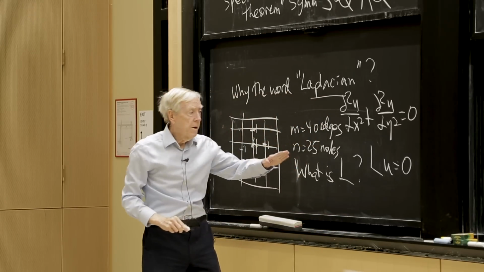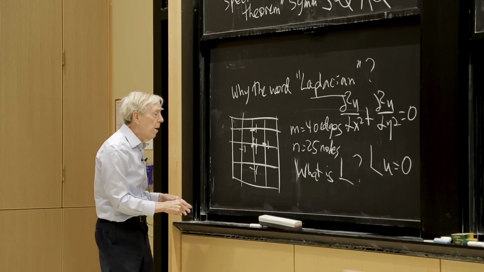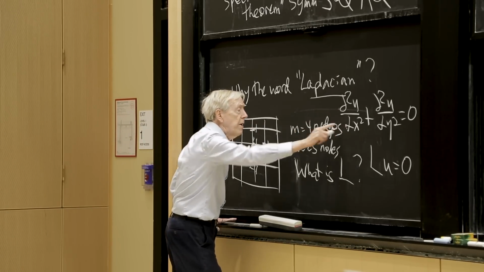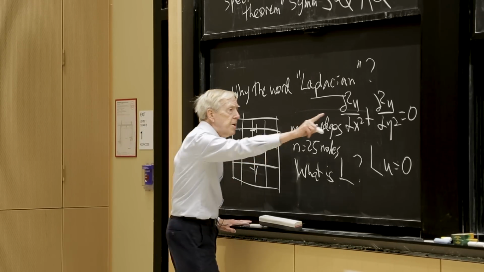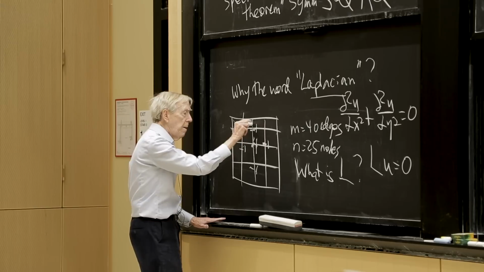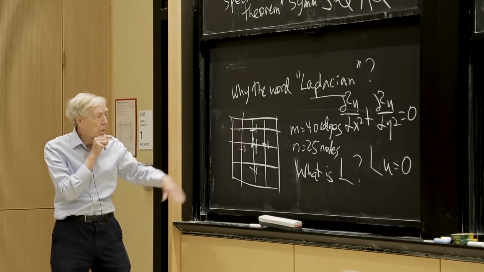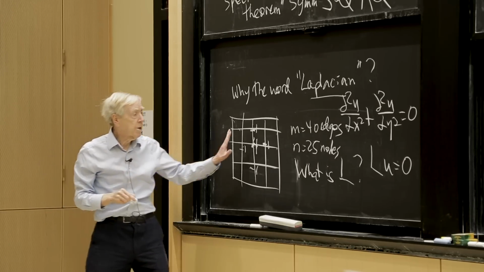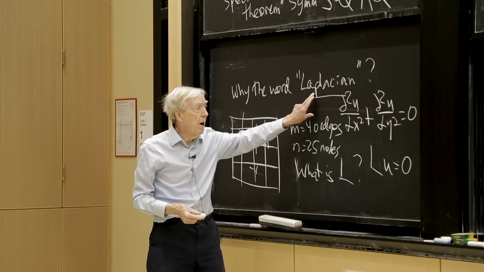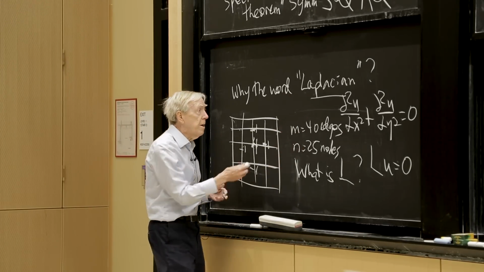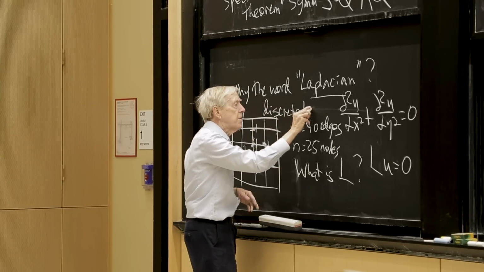It's the discrete Laplacian, the vector Laplacian, the graph Laplacian, where the second x derivative is replaced by minus 1, 2, minus 1, and the second y derivative is replaced by minus 1, 2, minus 1, second differences in the x and the y directions. So that's the explanation for Laplace. It's the discrete Laplace, or the finite difference Laplace.